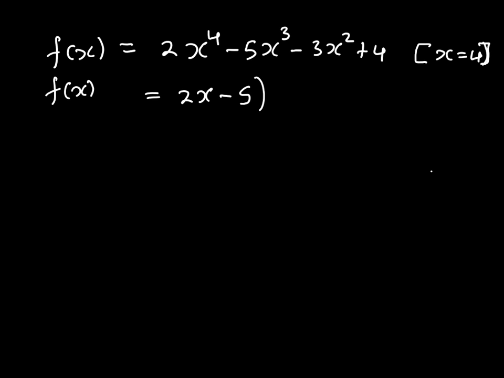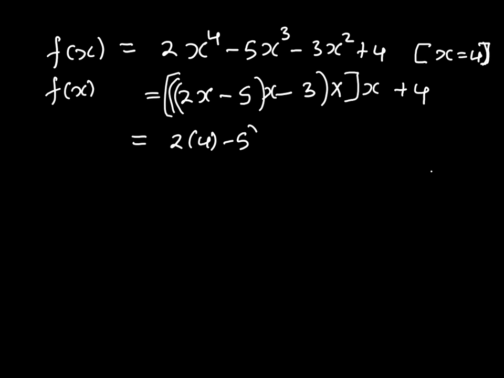Then I create a bracket. I multiply by x, so there is an x here, and subtract a 3. Then I create another bracket, and this is multiplied by x plus 4. As simple as that. So you can use substitution. This is 2 times 4 minus 5. The answer you get is multiplied by 4.